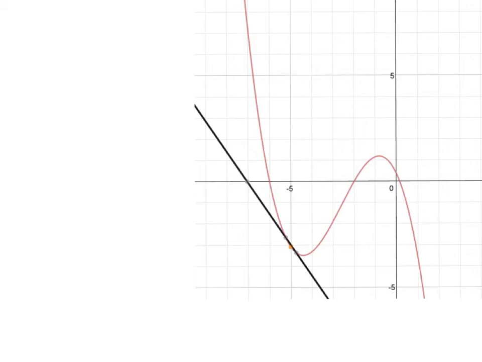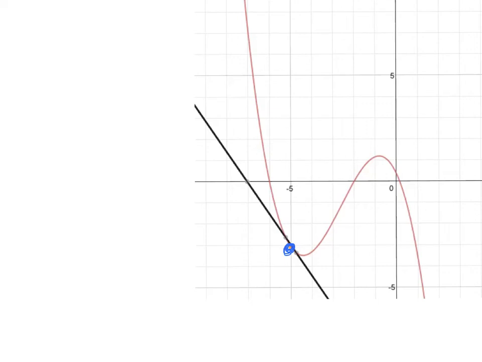I also want you to notice that we're kind of making a teeter-totter or a seesaw where we've got this point and we want to balance the line that we drew so that it would balance gently on that point.